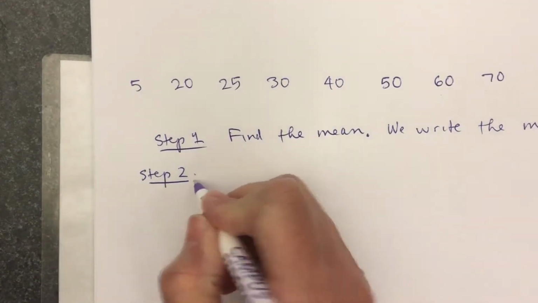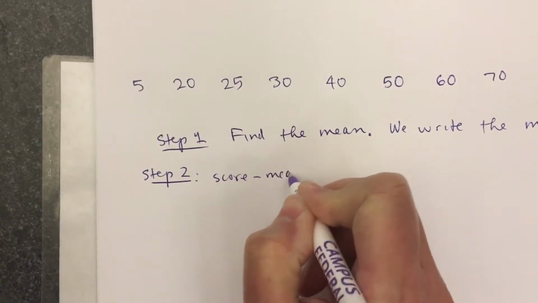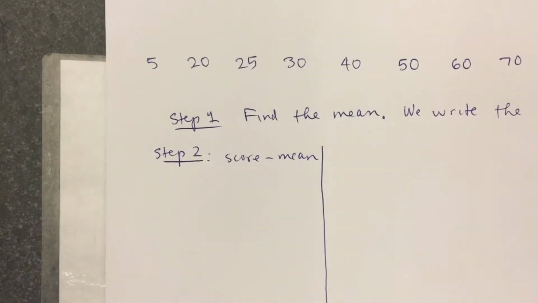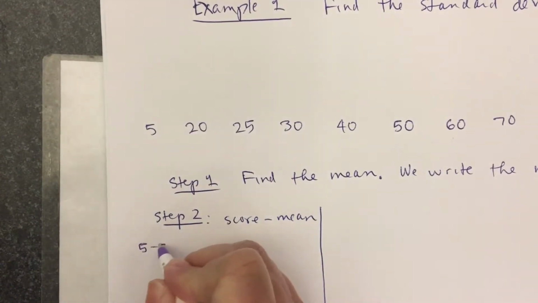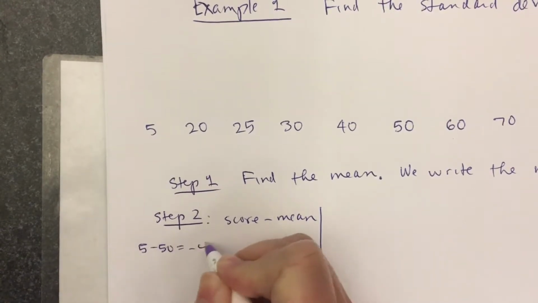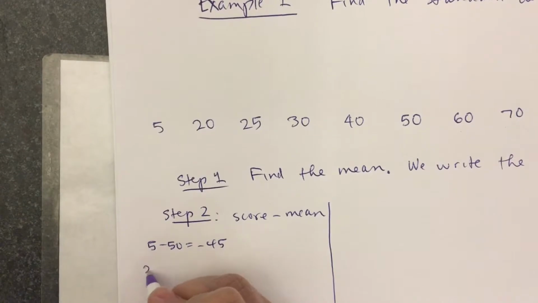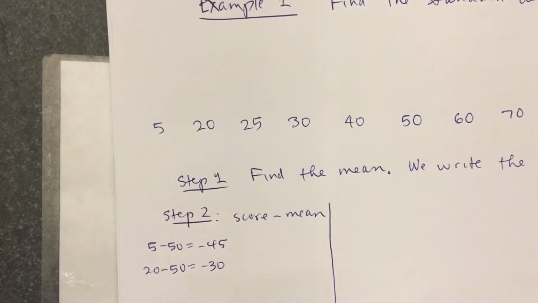I will write for step 2, score minus mean. This will be in a little column right there. My first score was 5. So this will be 5 minus 50 is negative 45. The next one was 20. 20 minus 50 is negative 30.